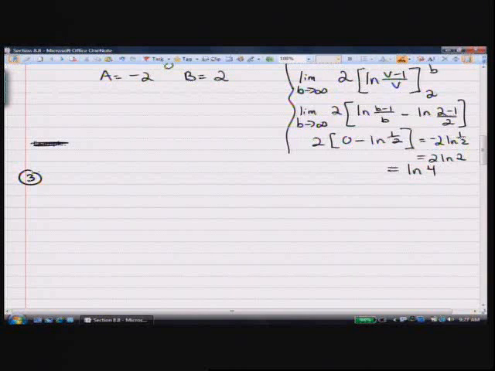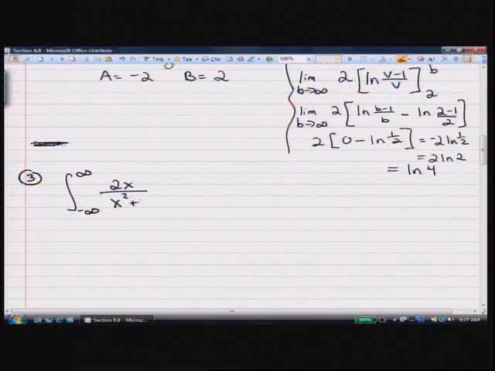Here's another one. We're going to look at the integral from negative infinity to positive infinity of 2x dx over (x squared plus 1) squared. When you look at this one, you want to think about the limit.